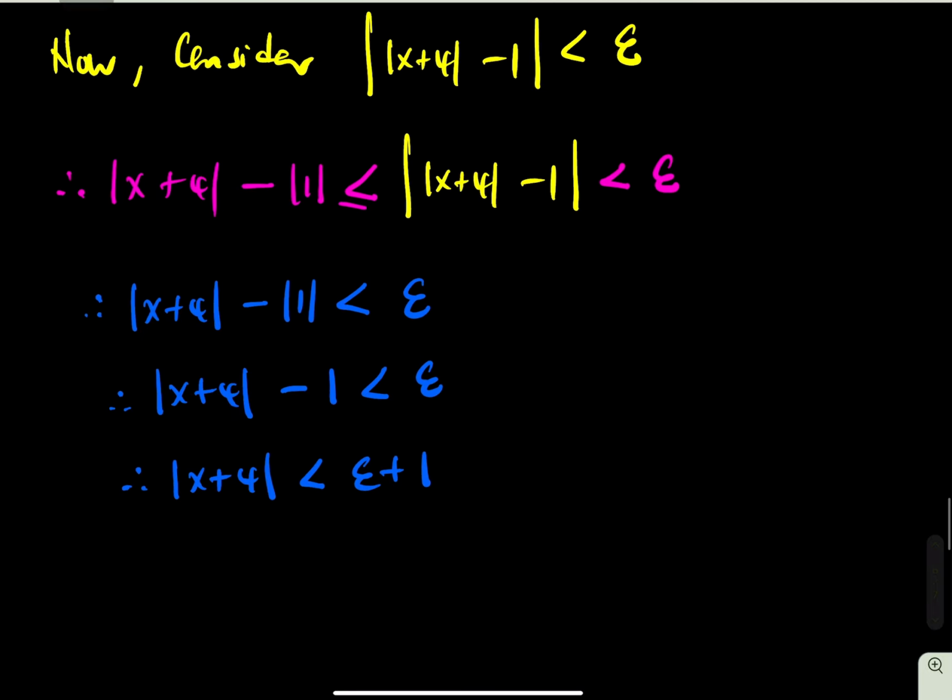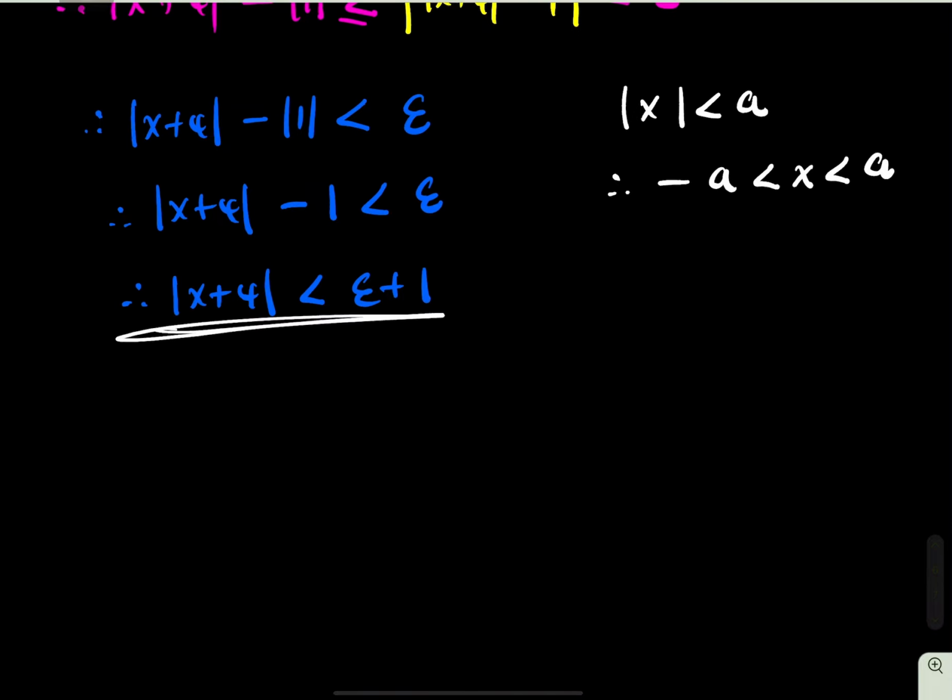Check something. We are dealing with modulus here. If you have the absolute value of x less than, say, maybe a, this is the same as saying negative a is less than what is inside the modulus and less than the positive of itself, which is basically what we are seeing here.